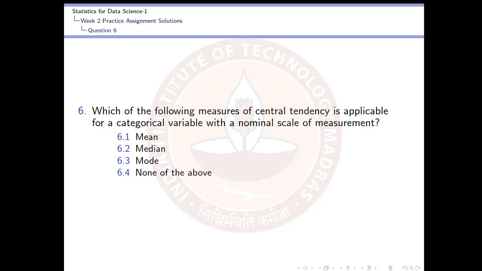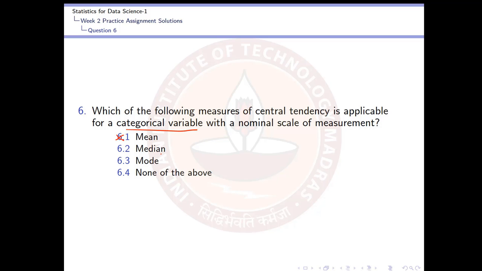The sixth question says: which of the following measures of central tendency is applicable for a categorical variable with a nominal scale of measurement? We know that a categorical variable doesn't hold numerical properties, and mean is applicable only on variables which have numerical properties. So mean is not applicable on a categorical variable.